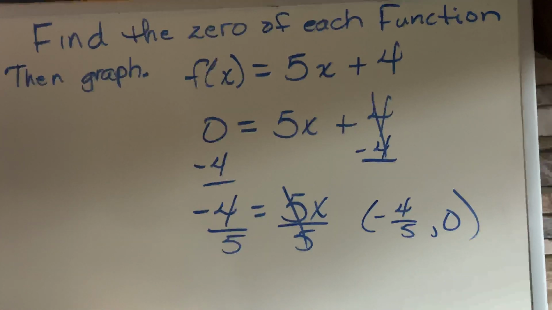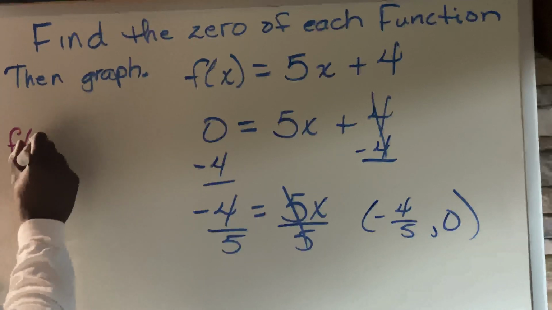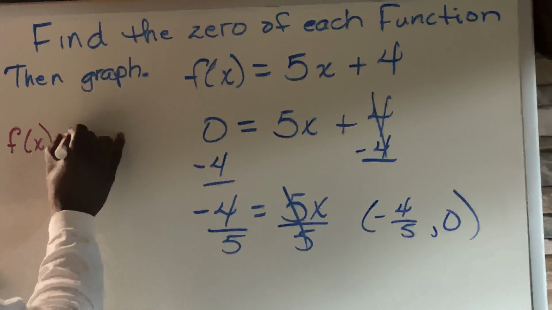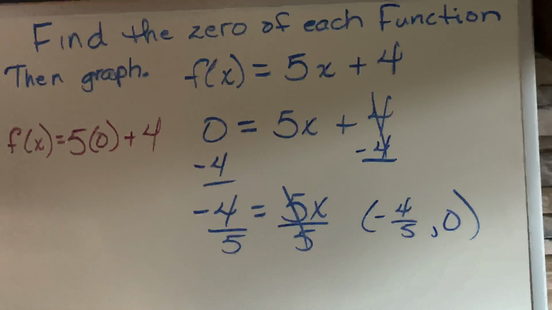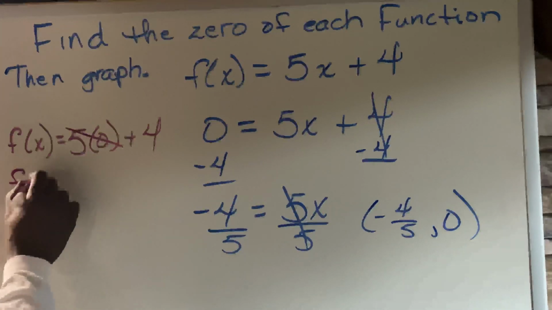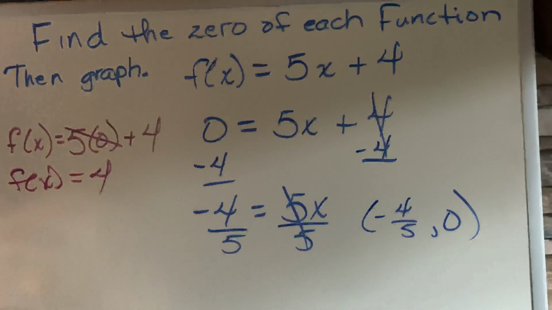Another ordered pair of this function would come from f of 0: f of x equals 5 times 0 plus 4, which gives us f of x equals 4.